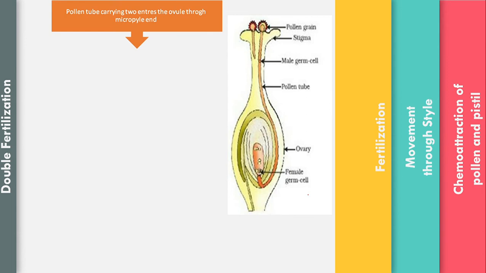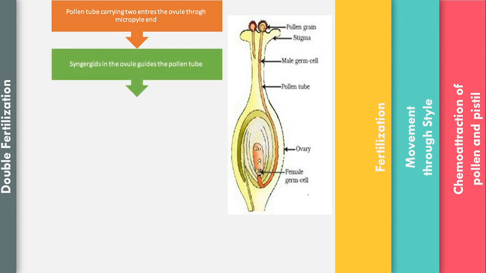When the pollen tube carrying the two male gametes enters through the micropylar end, the synergids, as I discussed in the previous video on the structure of the ovule, are at the micropylar end, and the antipodals are at the chalazal end, and in between there are the two polar nuclei.